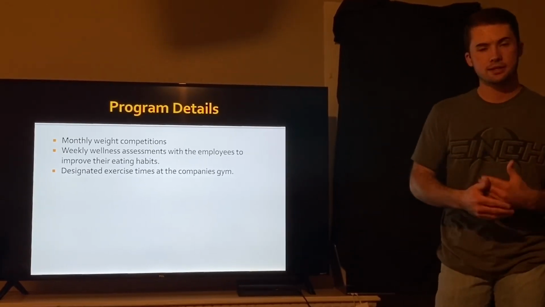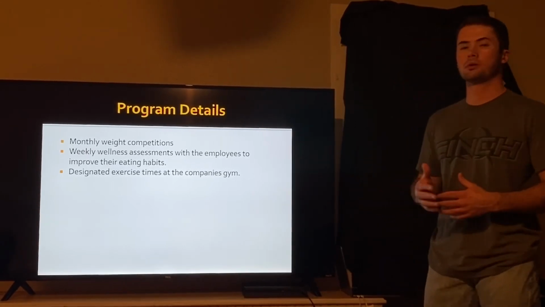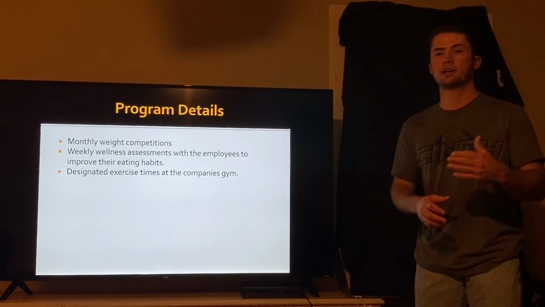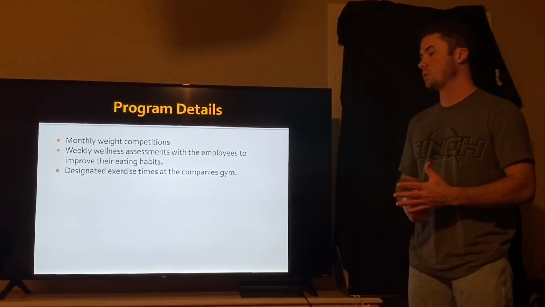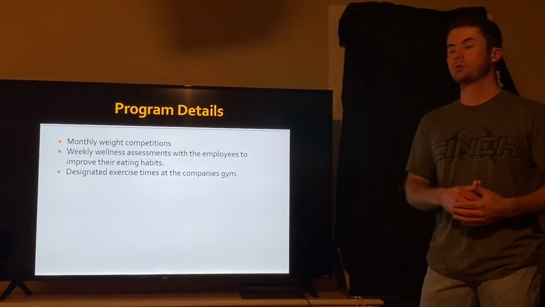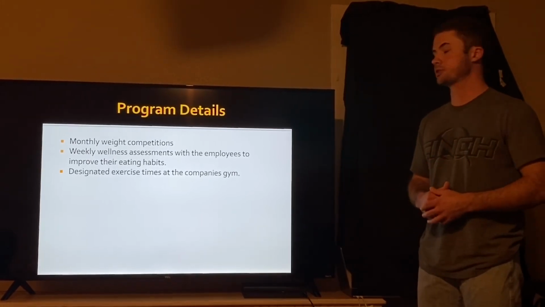We're also going to have the gym open for employees to come exercise whenever they want to. Maybe they want to exercise more than what they were going to in a regular class time or at those designated exercise times we have scheduled. That's up to them, at their own discretion.